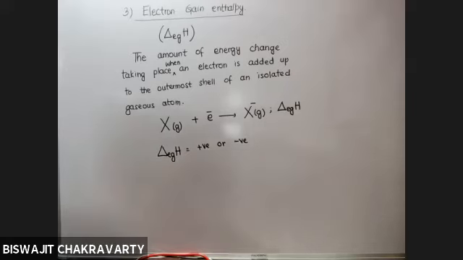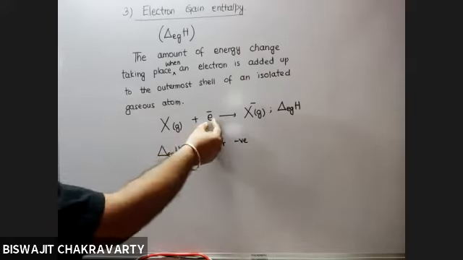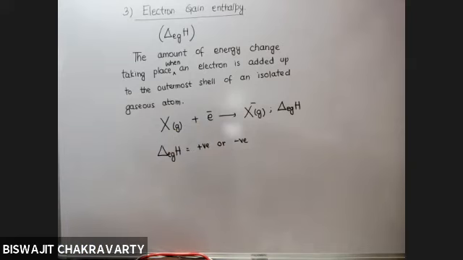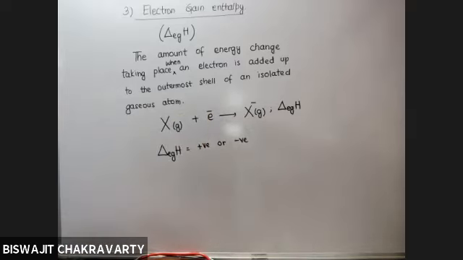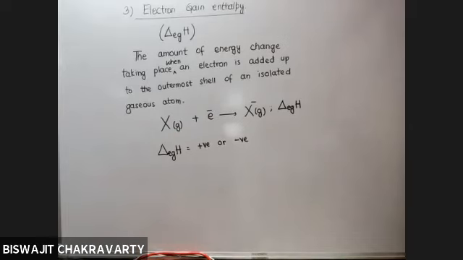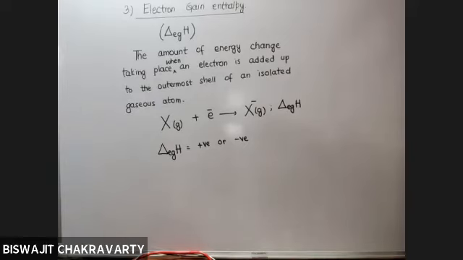See, if you are putting an electron to the isolated gaseous atom, it is obvious that only if the atom is interested in taking the electron, it will take the electron. Now, some atoms are very eager to take the electron as they are short of only one electron in their outermost shell, which we call the halogens.